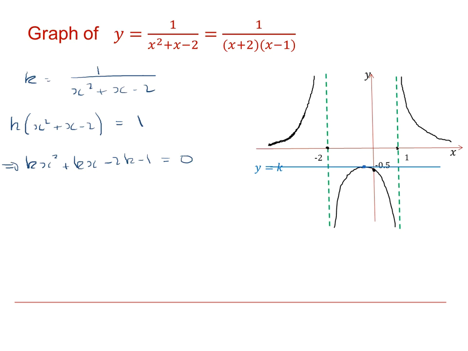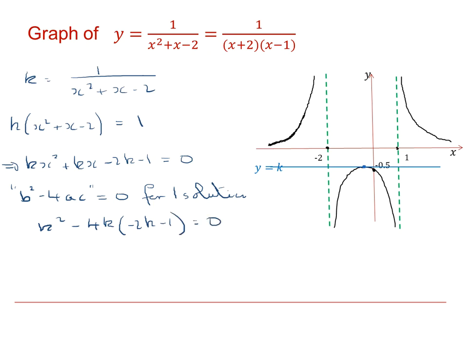And this we can solve. It's a quadratic, but if we want only one solution, then b squared minus 4ac must be equal to 0. And that means that k squared minus 4 multiplied by k multiplied by (negative 2k minus 1) must be equal to 0.